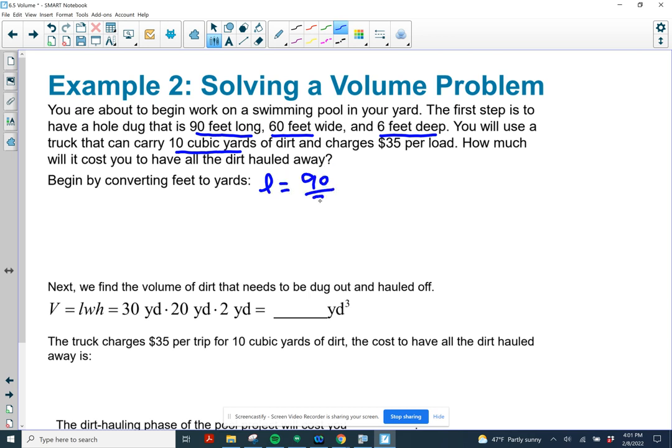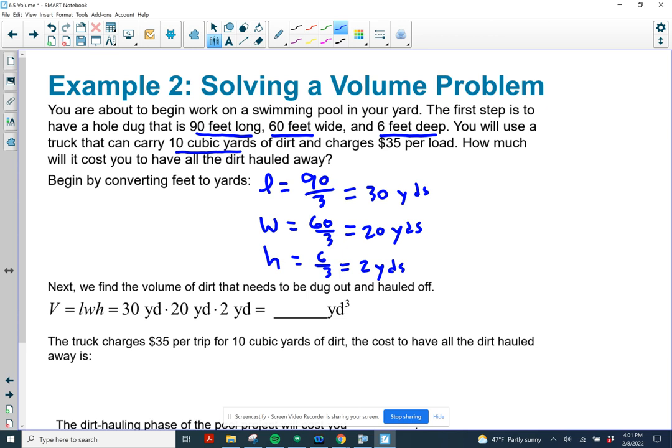It's going to be 90 divided by 3, or 30 yards. We're going to convert the width from 60 feet. We'll divide by 3 to get 20 yards. And the depth, or the height of our pool, 6 divided by 3, which is 2 yards.